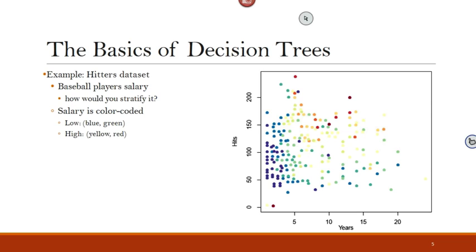But the test error will be very high. Okay? So if we grow a very large tree, to the point where your observations fall into distinct regions, then you have a training error of 0. Because each one has its own area.